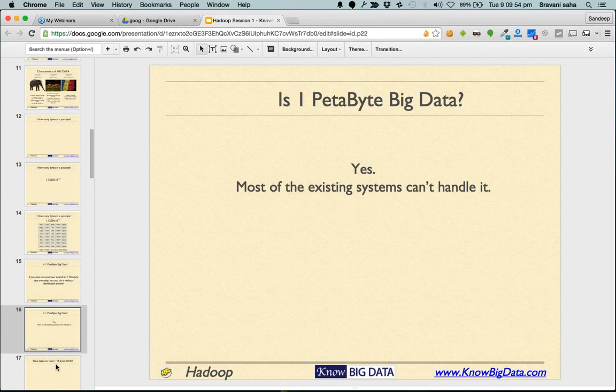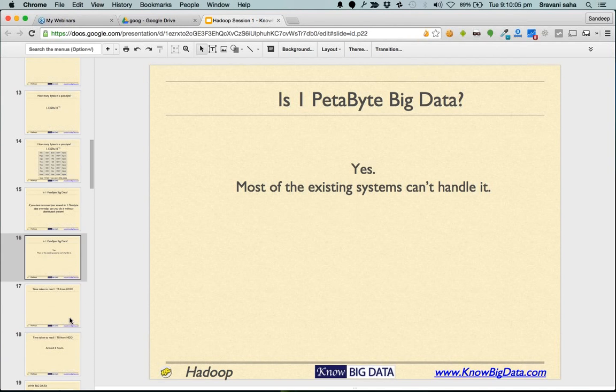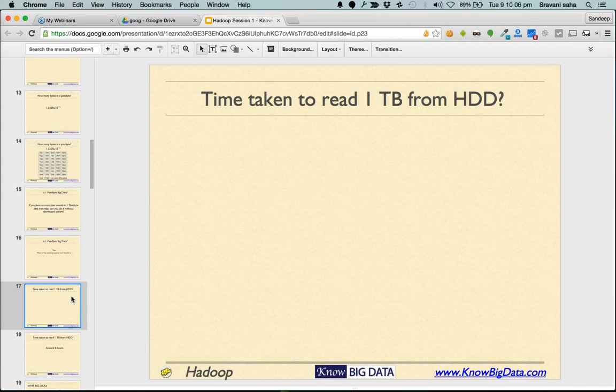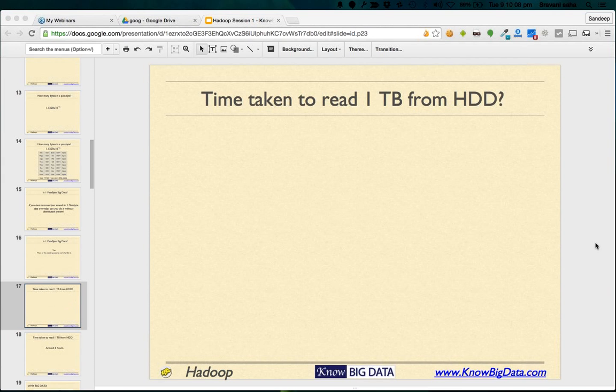Now let me try to answer why 1 petabyte data is big data by asking another question. How much time does it take to read 1 terabyte from a hard disk?